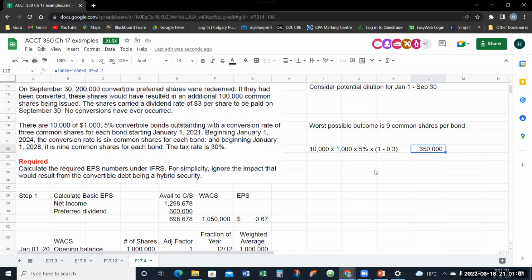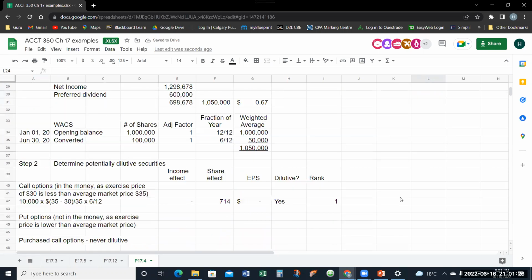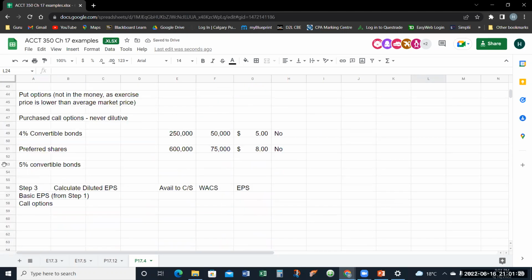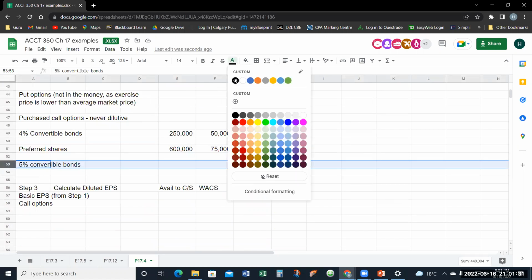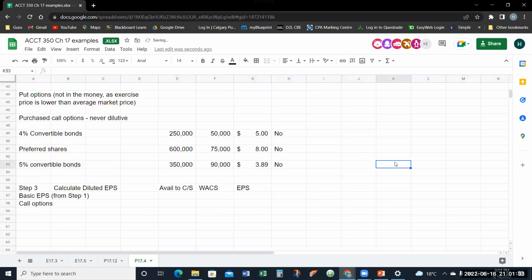How many shares will we end up issuing? Well, we have 10,000 bonds, and for each bond, the maximum number of common shares that it can be converted for is 9. So 10,000 times 9 is 90,000. So again, if I divide 350,000 by the 90,000, that is still higher than the basic EPS.